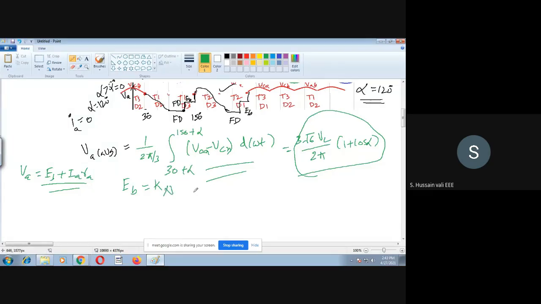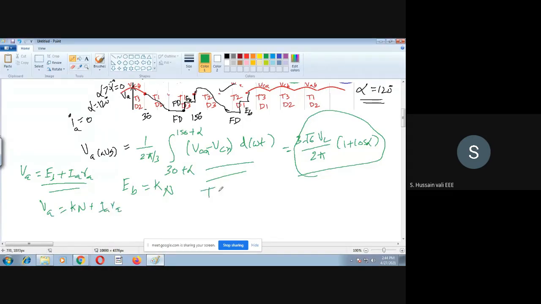So the values are 0. So substitute this here: VA is equal to Kn plus IA RA.